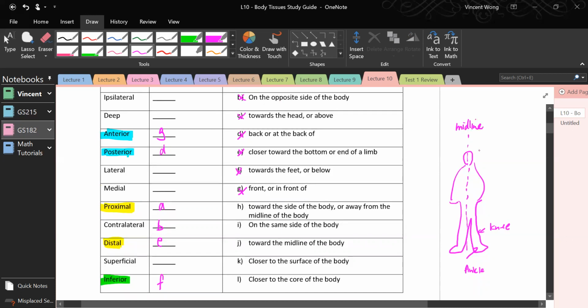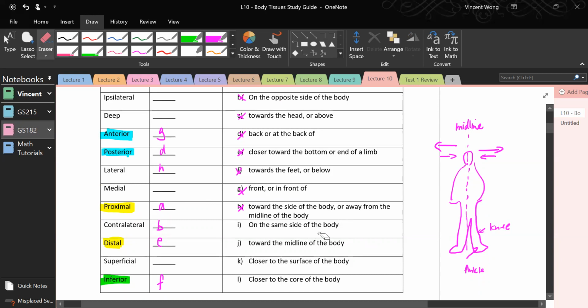If it's away from the midline, we call it lateral. If it's towards the midline, we say medial. So the answer for that is lateral. Your ears are lateral to your nose.